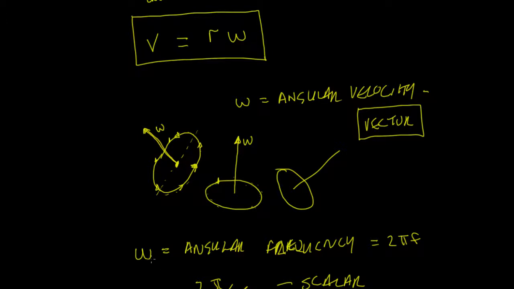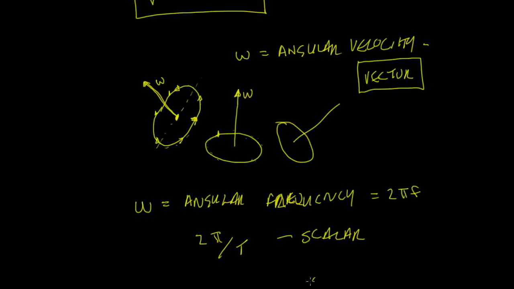So that's why we can say that angular frequency is just a scalar quantity, and the magnitude of this angular frequency is just the magnitude of the angular velocity here, so it's just the length of that vector.